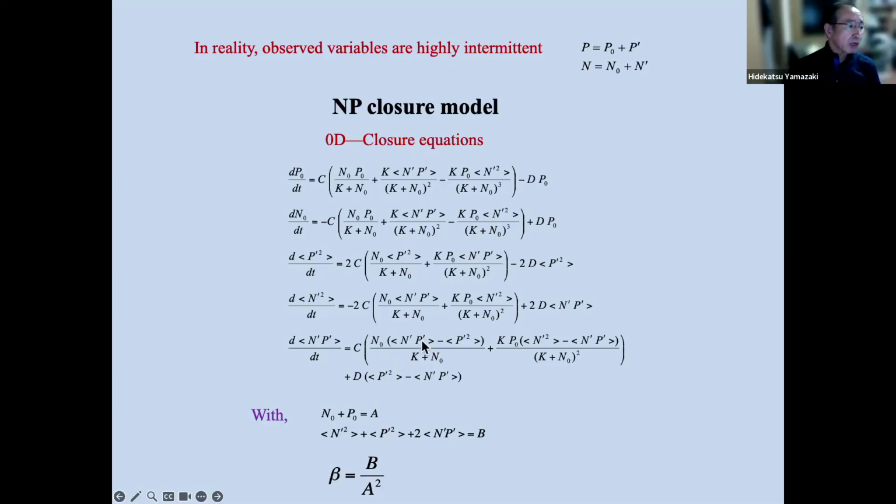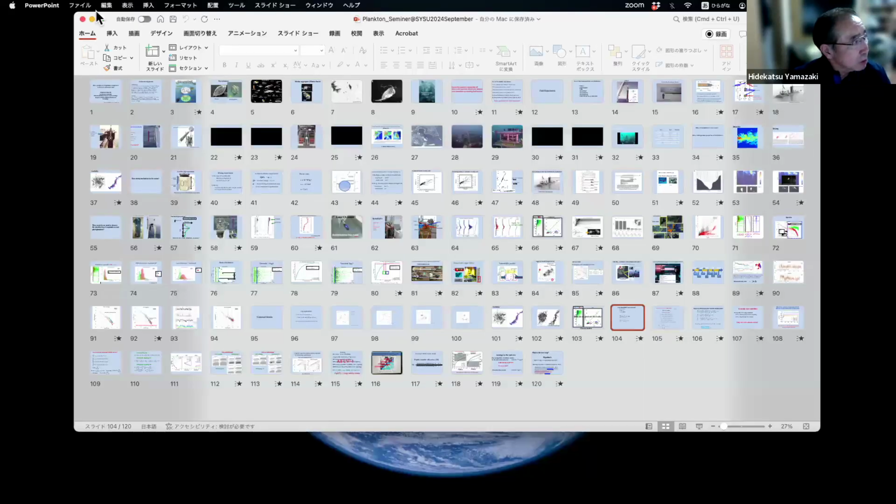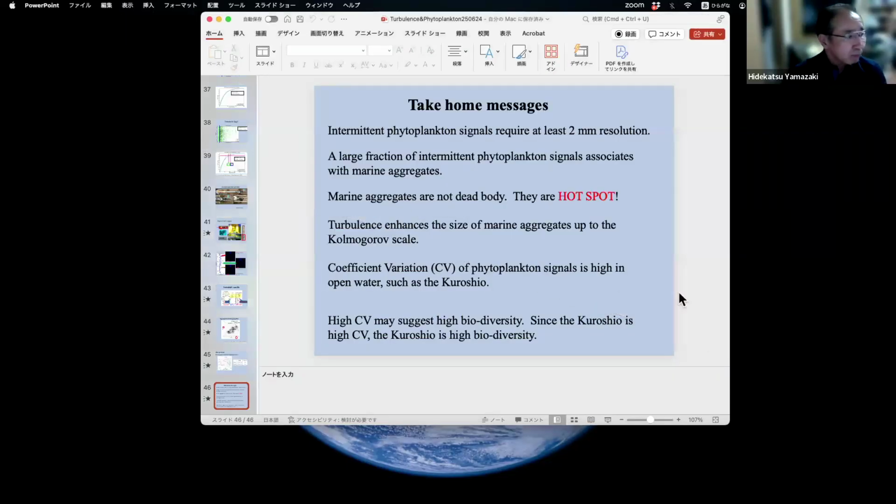And we went all the way to NP and NPZ and NPZD, and even we went to NPZF. All those different stages of models we developed consistently pinpoint that high CV supports high productivity and high biodiversity.